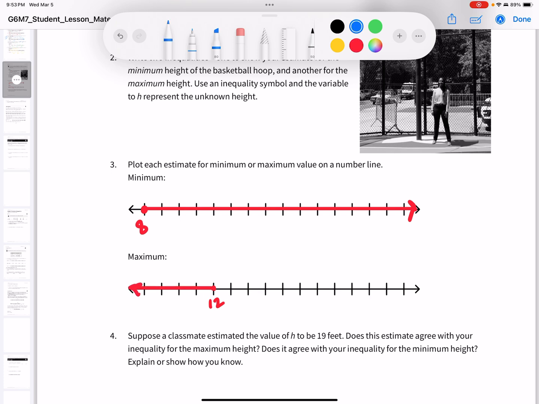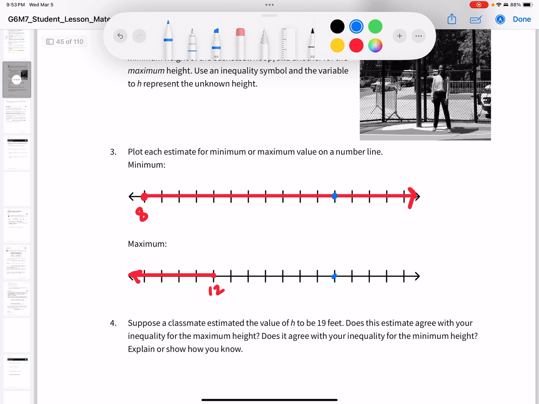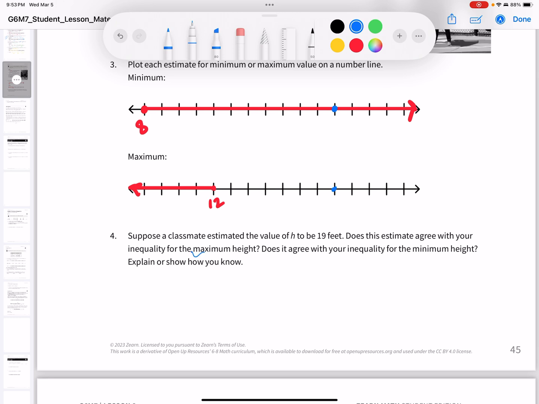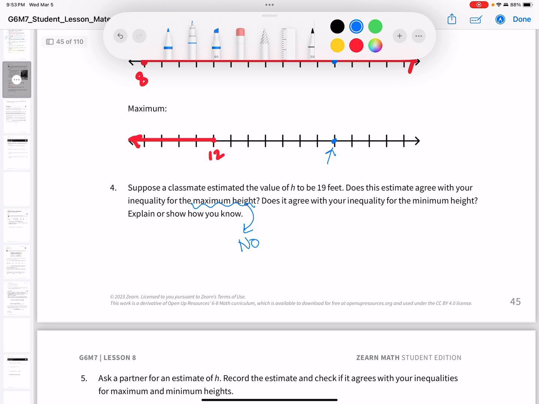So then 19 is here. Okay, so for the maximum height, no, it can't. It's not within our graph, right? It doesn't fall below 12. No. 19 is greater than 12, and 12 is our maximum.